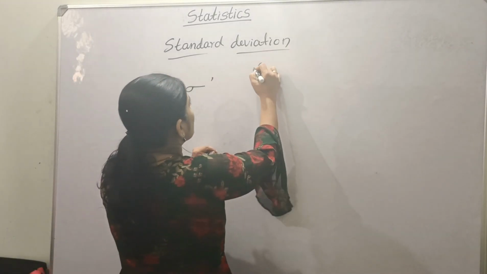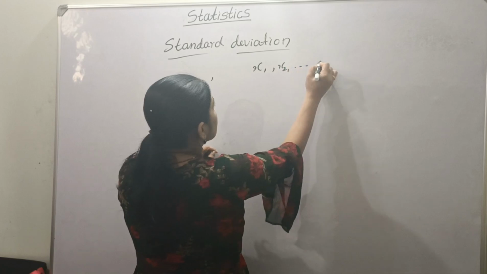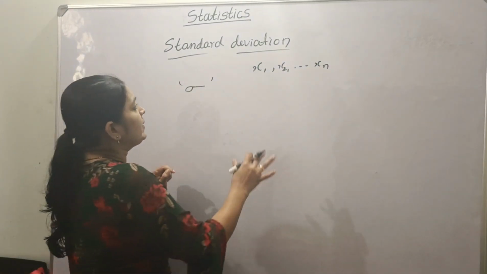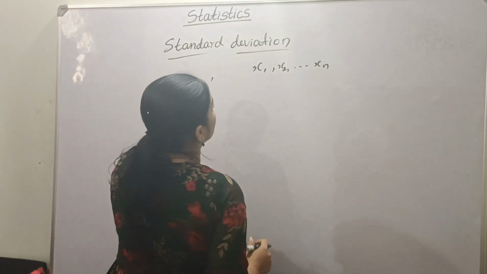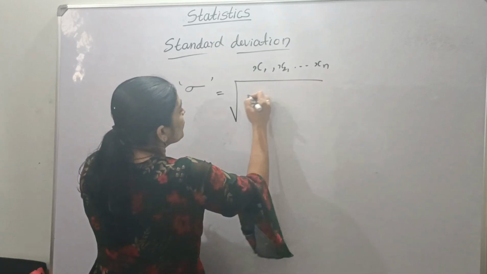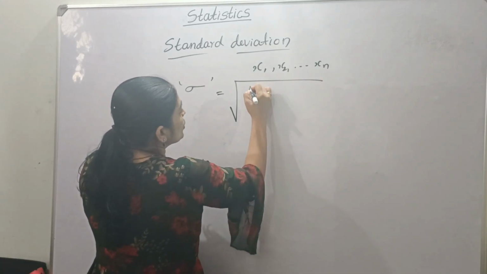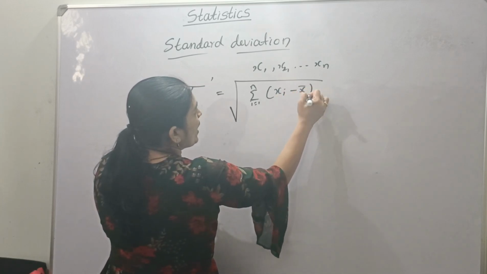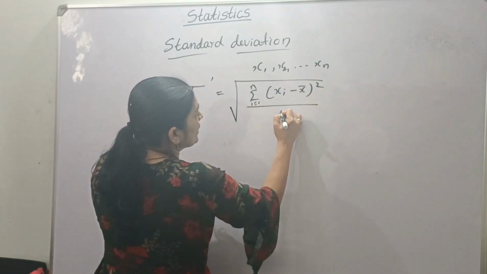Let x1, x2, etc., xn be the observations, that is the given data. Then the standard deviation of the data, sigma, is equal to the square root of sigma i equal to 1 to n, (xi minus x bar) whole square, divided by n.